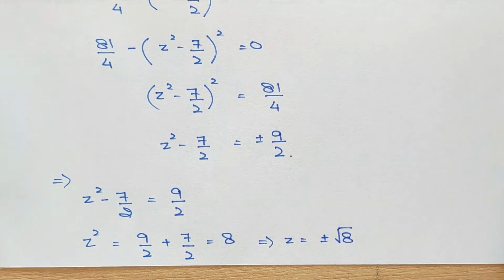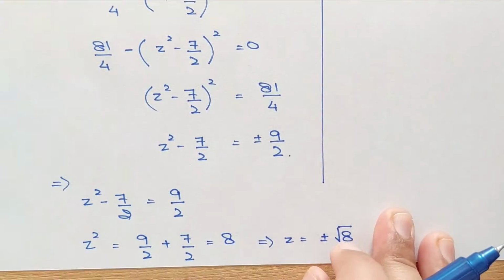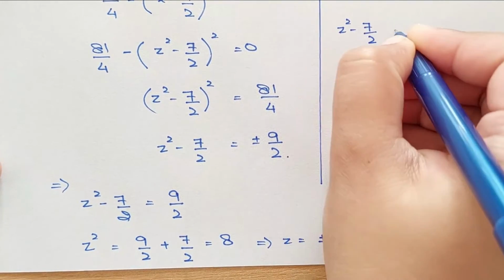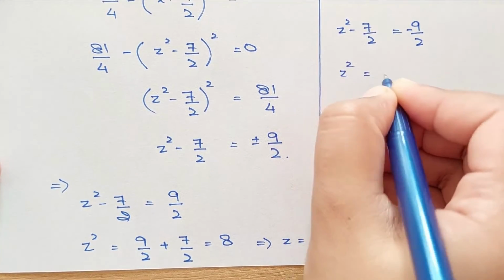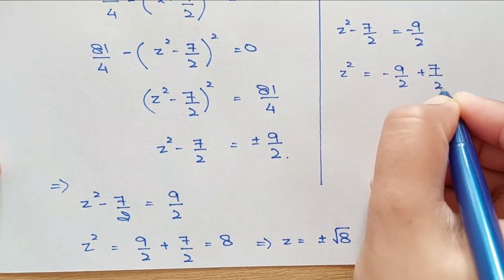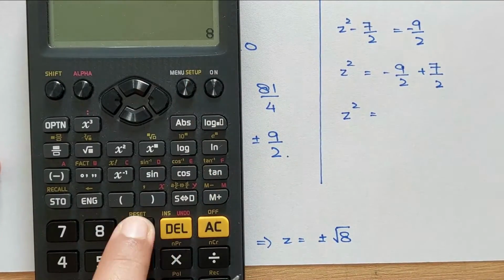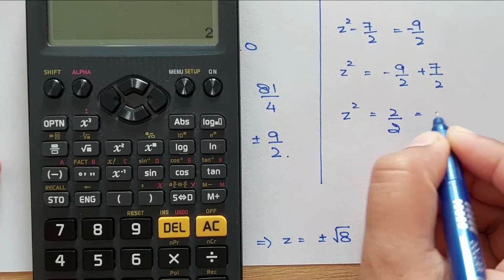Right, this is the first value. Now let me find the second solution over here. So the second is z squared minus 7 by 2 equals negative 9 by 2. So z squared equals minus 9 by 2 plus 7 by 2. So z squared equals 9 minus 7, this is 2 divided by 2, this equals 1.